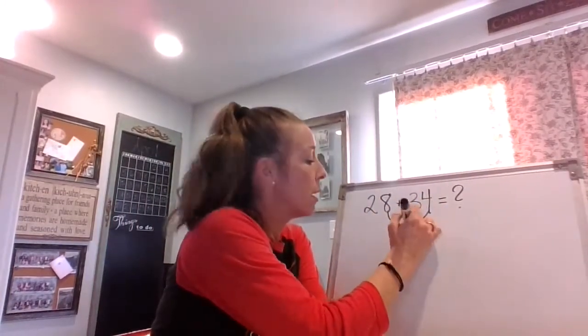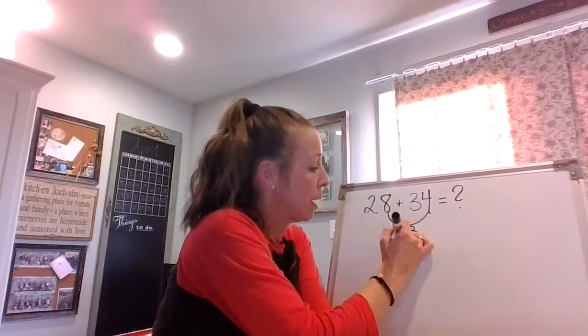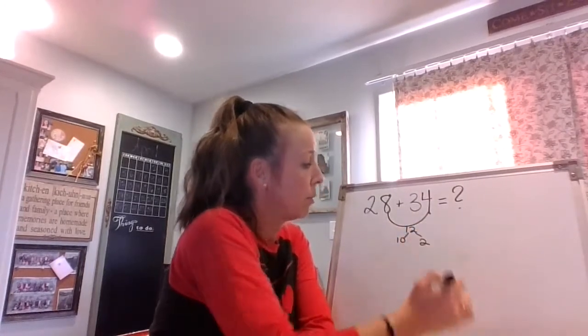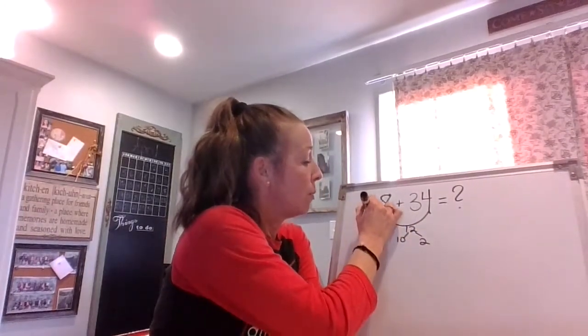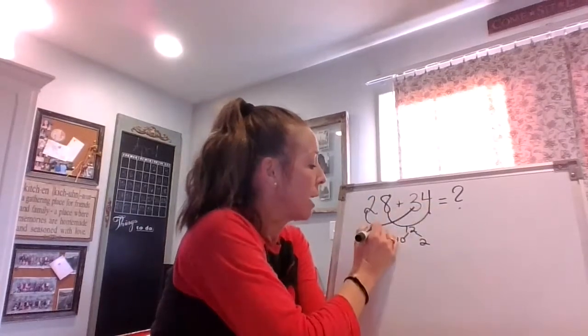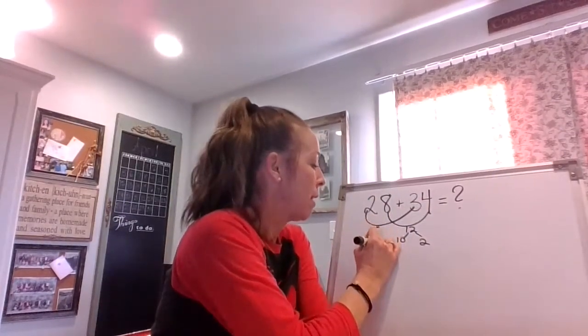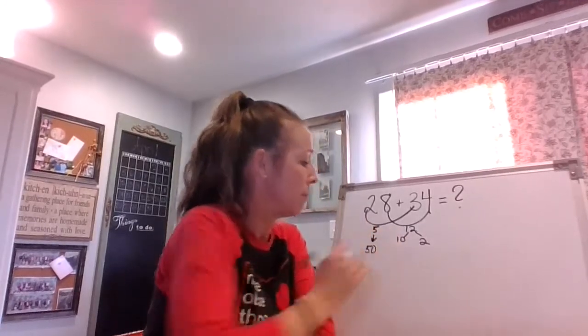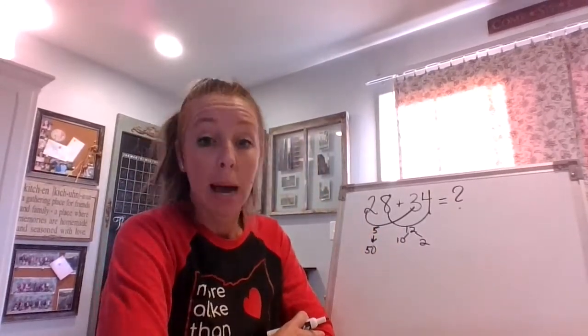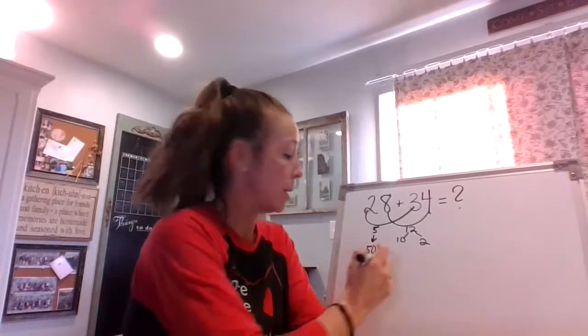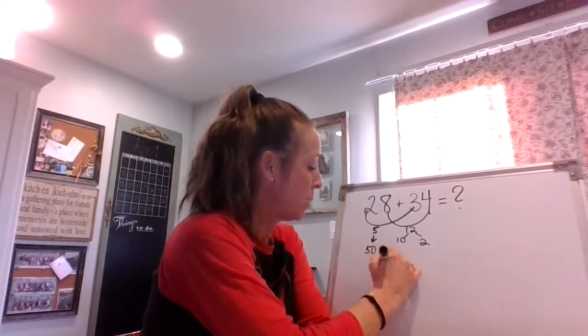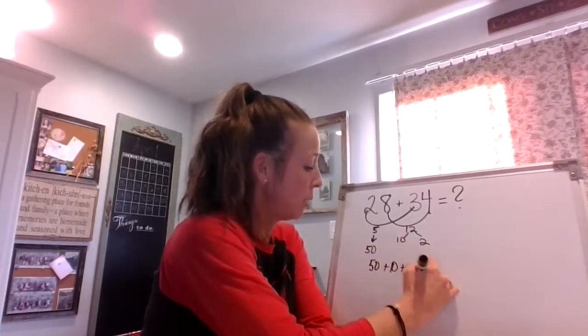8 and 4 equals 12, so I need to break that apart into 10 and 2. My tens: 2 tens and 3 tens is 5 tens, and 5 tens equals 50. My new number sentence is now going to be 50 plus 10 plus 2.